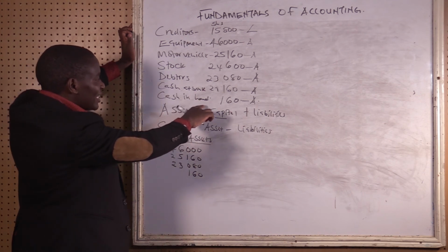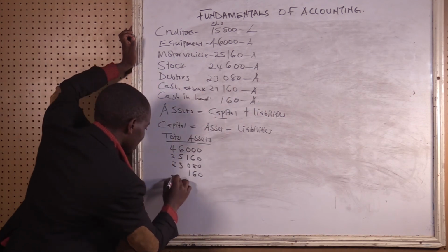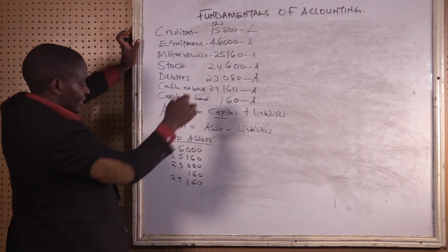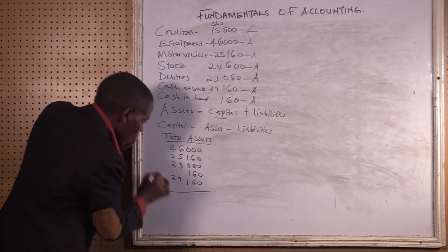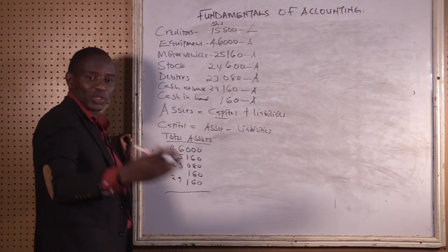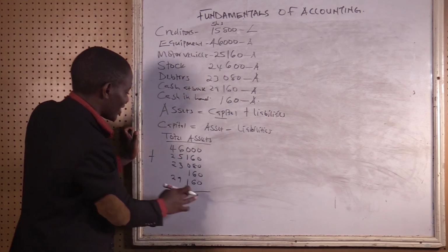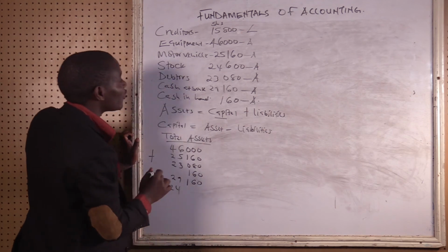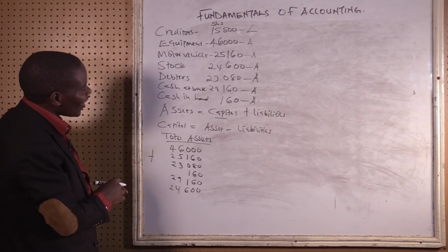Then we have cash at bank, which is 29,160. We have left out stock, which is an asset, 24,600.